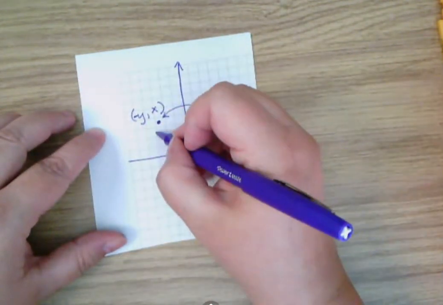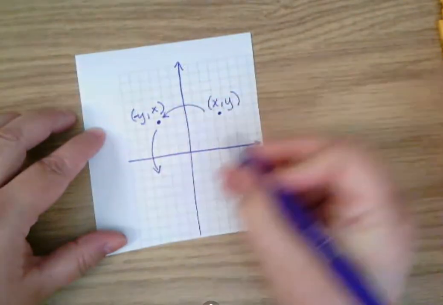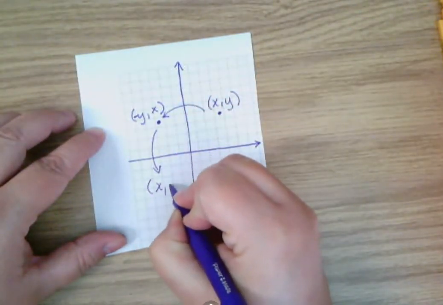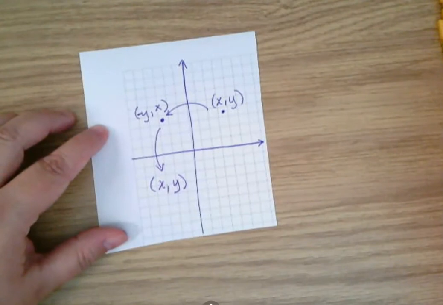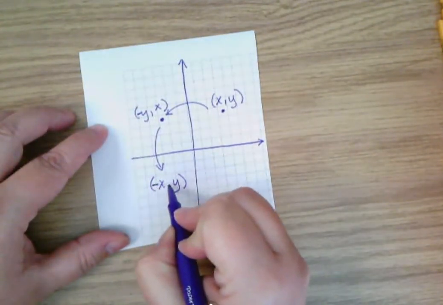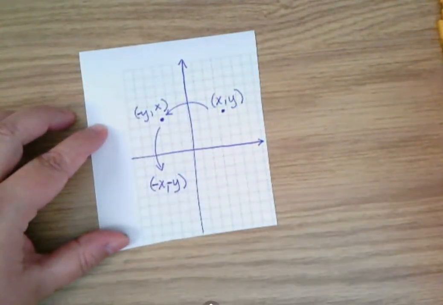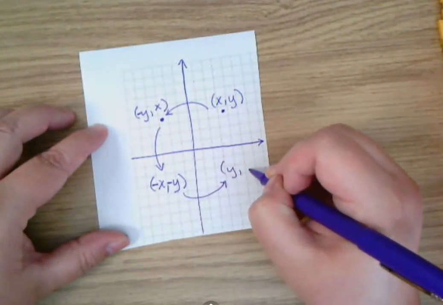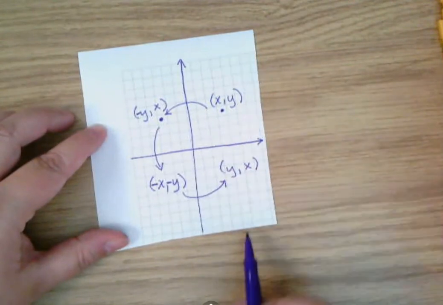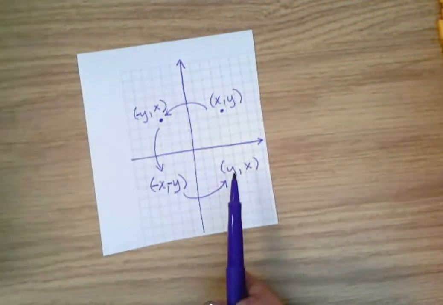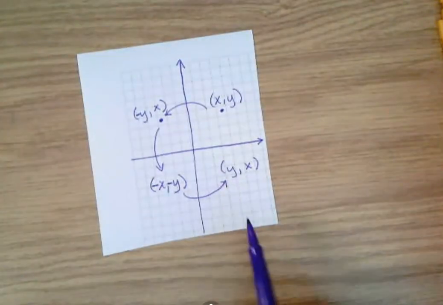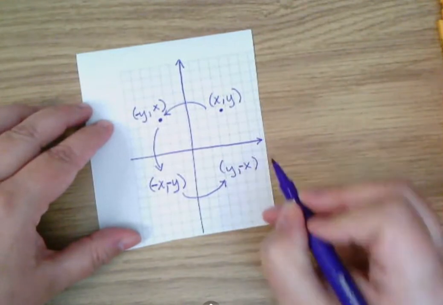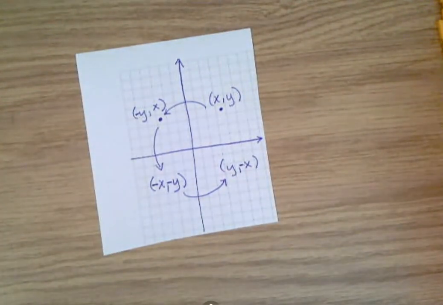Then if I go another 90, down here, they trade again. This is the quadrant, though, where everything is negative. And then if I go another 90, they trade again. And this is the quadrant where it's positive first and then negative. So it's like that. So these are actually a visual representation of my rule.